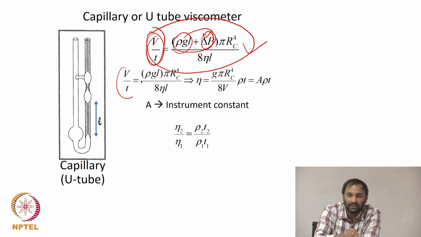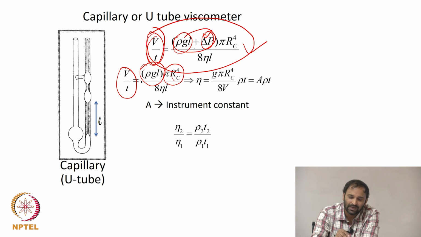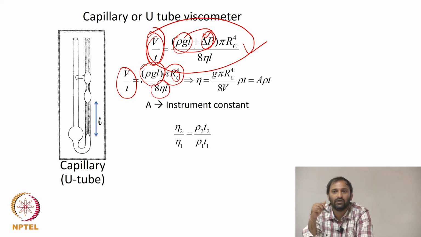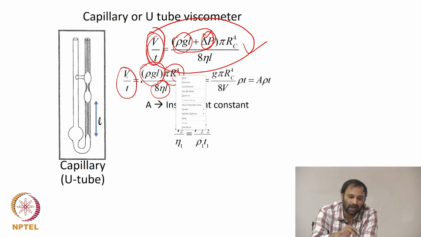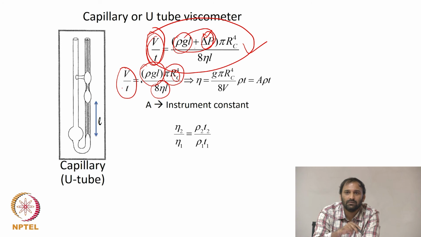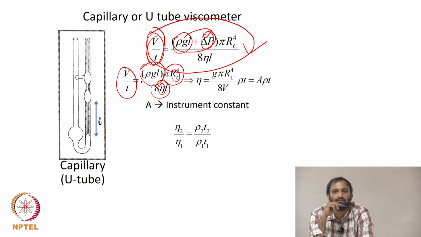Therefore V by T goes as rho g L times pi Rc to the power 4, where Rc is the radius of the capillary, divided by the viscosity and the length. If I know the length and the diameter of the capillary, and I have a way of measuring the flow rate, I can substitute all of this and get the viscosity.